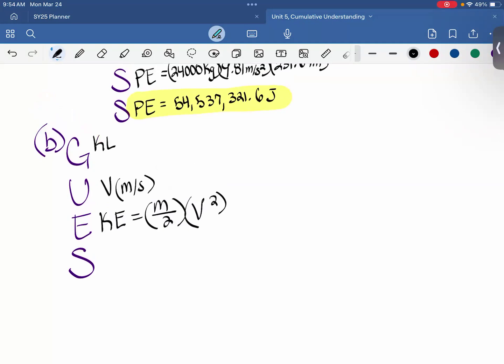Our kinetic energy, remember, we're just going to use this value that we just got for potential energy, 54,537,321.6 joules. And then our mass that we've been using, that's combined together, 24,000 kilograms.